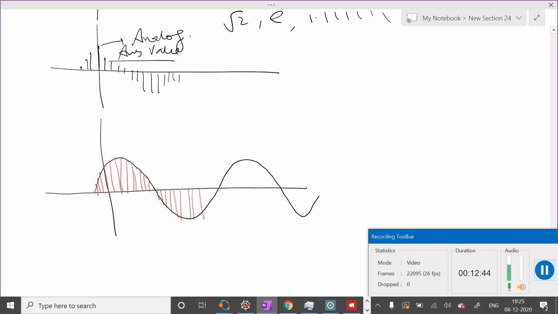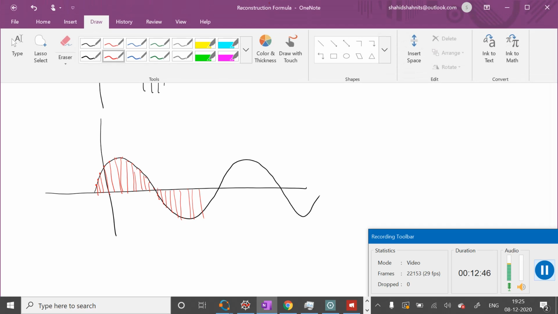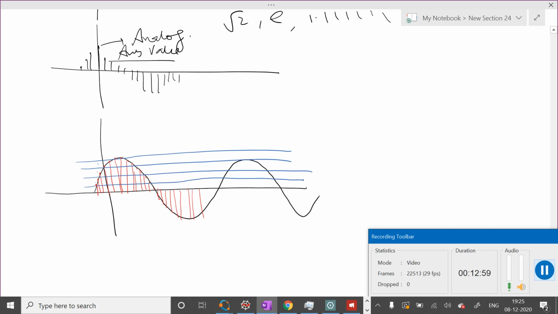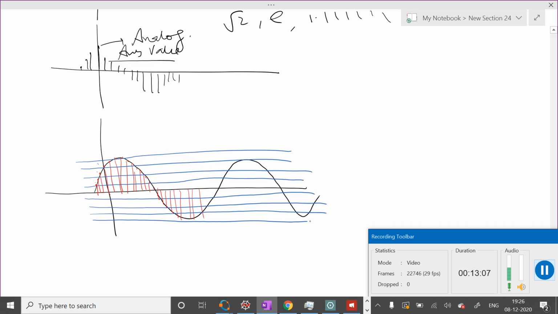Now the third step is we will divide the amplitude. Suppose I divide it into 8 parts like this: 1, 2, 3, 4, 5, 6, 7 and 8.